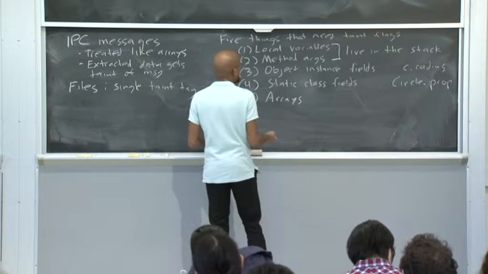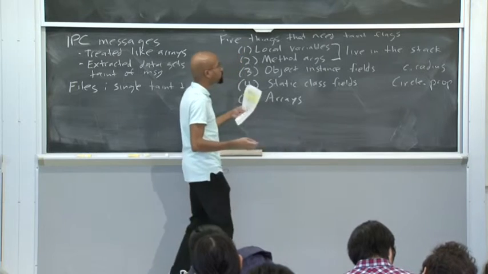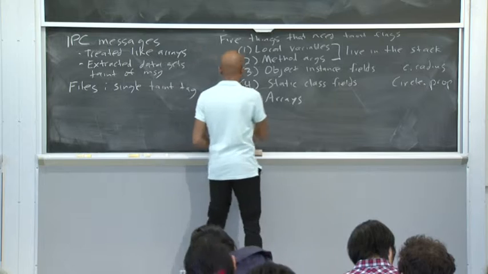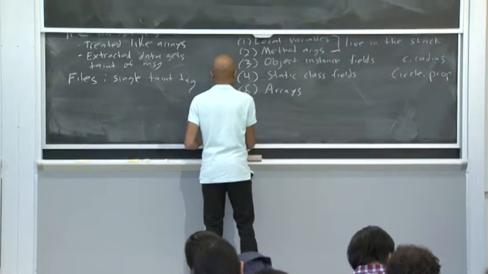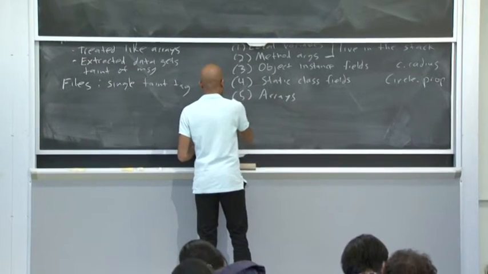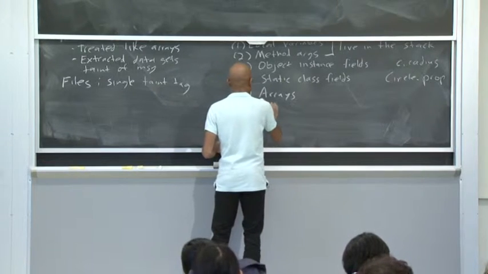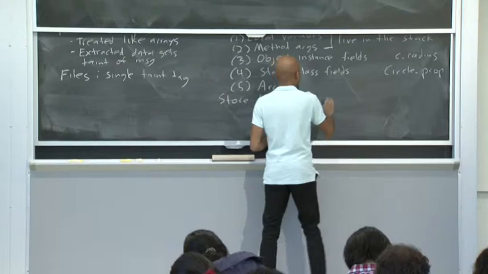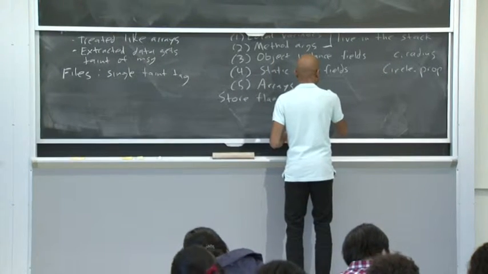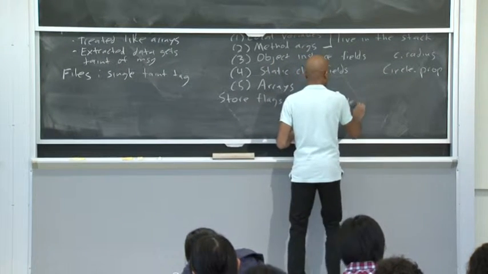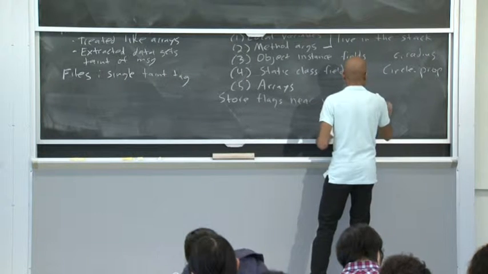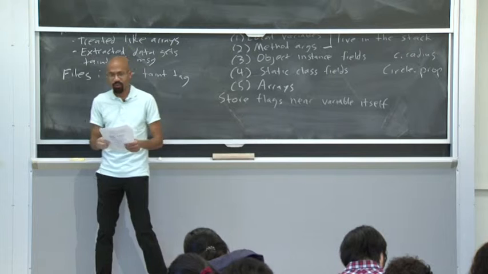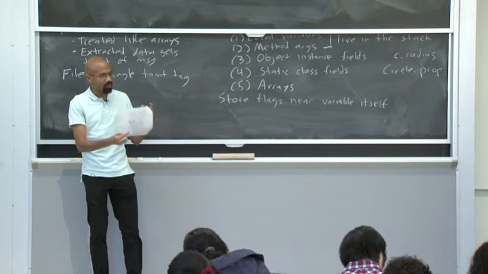The basic idea for how we're going to store these taint flags at the implementation level is that we're going to try to store the taint flags for a variable near the variable itself. Let's say we've got some integer variable.